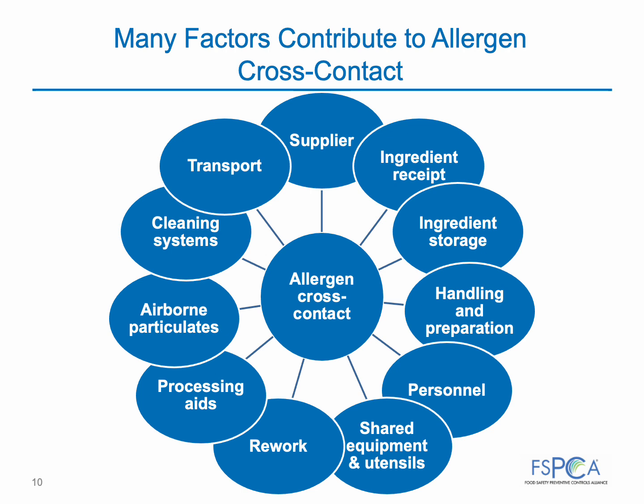Each of these represents a factor or area where cross-contact needs to be addressed, so it is important to determine the risk of cross-contact and what controls need to be implemented.